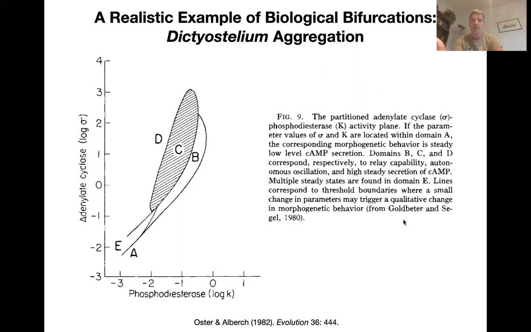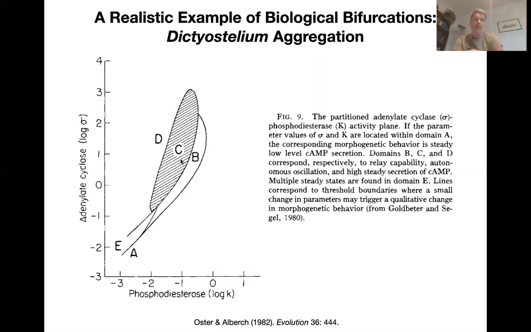Okay, so this is from a paper by Goldbeter and Segel from 1980, a classical model of slime mold aggregation. You don't need to understand the details, but basically what you see here is a two-dimensional version of that one-dimensional bifurcation diagram I was showing you before.